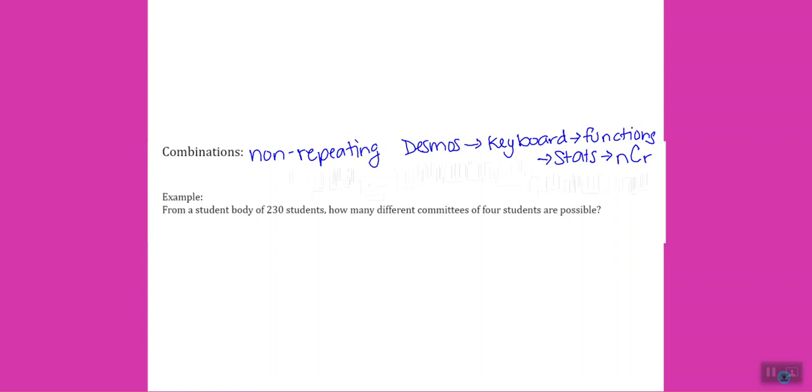So, from a student body of 230 students, how many different committees of 4 students are possible? And the reason this is just a combination is because when you're on a committee, it's just a group of people. There aren't any different ranks for them. So we're going to do NCR. There's 230 students total, and we're choosing 4 of them.